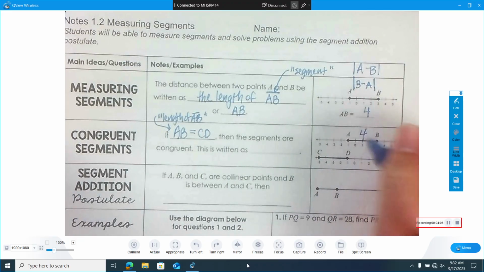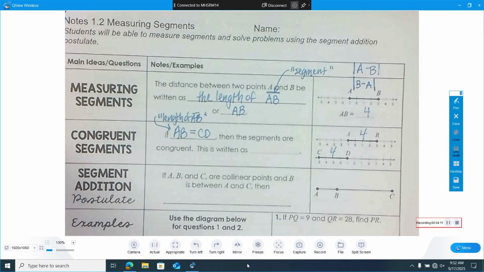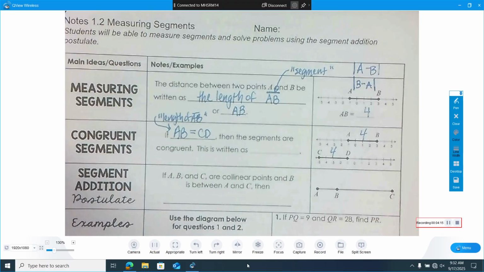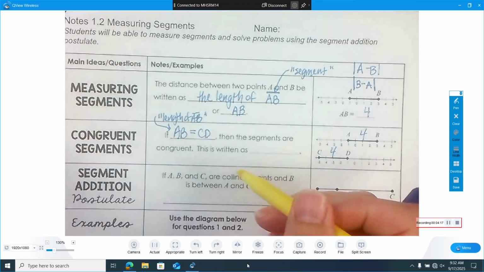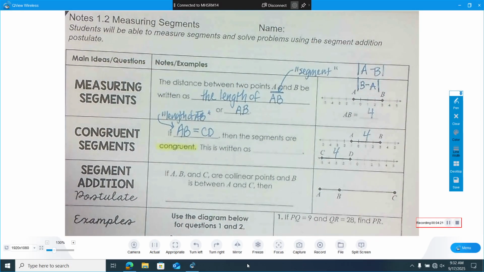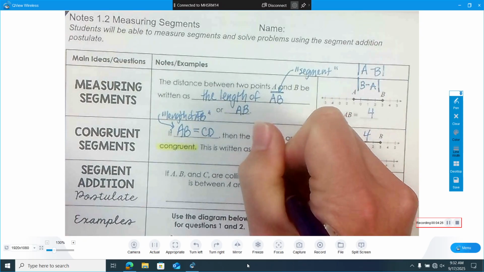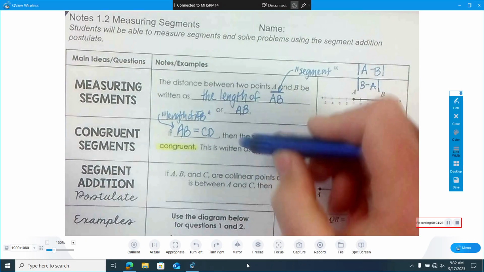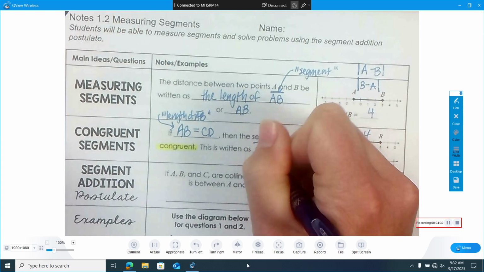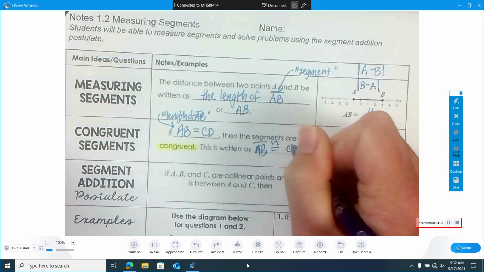This one is 4, and CD is also 4. Okay, good. Then that is what is known as the word congruent. When two segments are equal in length, they are called congruent. Congruence is written like this. We would say segment AB is congruent to segment CD.